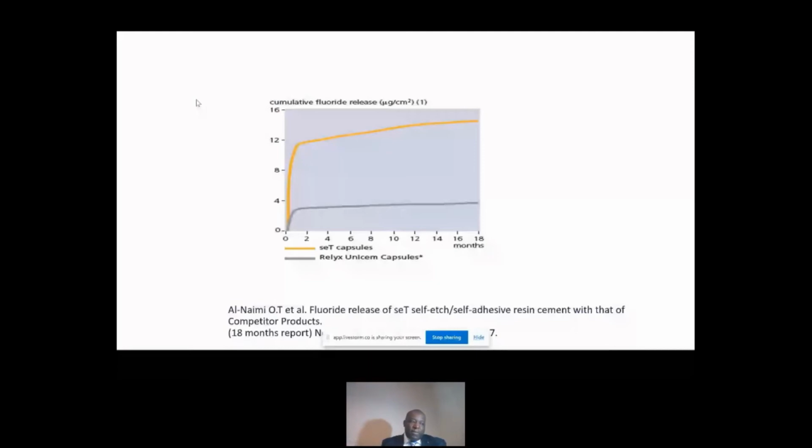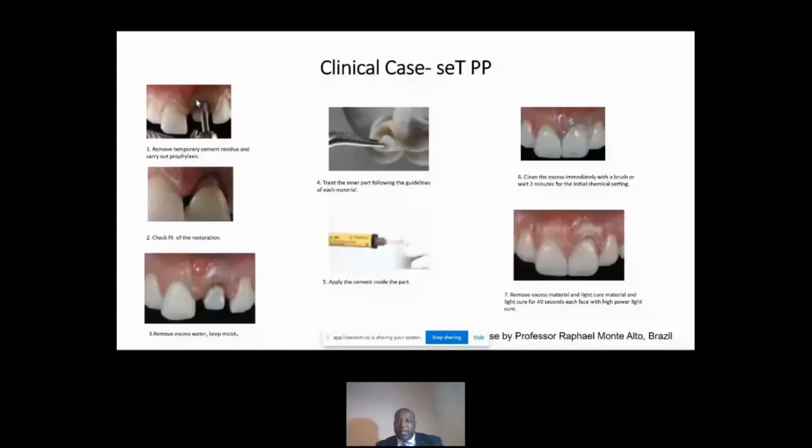So what are some specific examples of instructions that are given by the manufacturer when it comes to using a self-etching cement like SET?